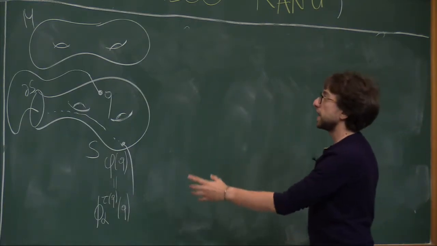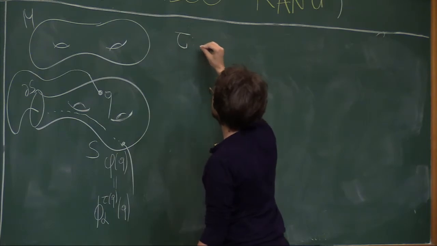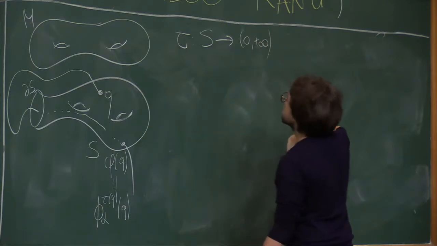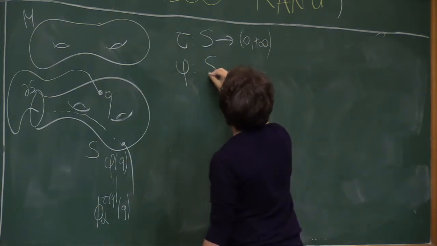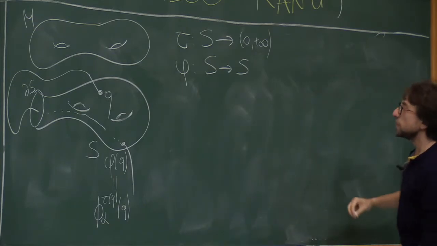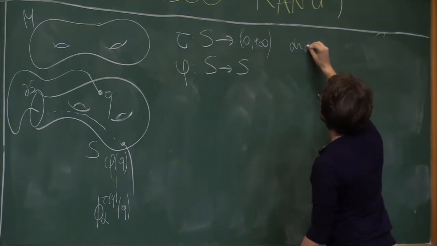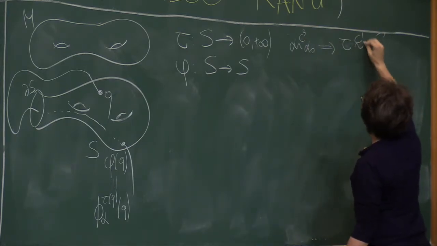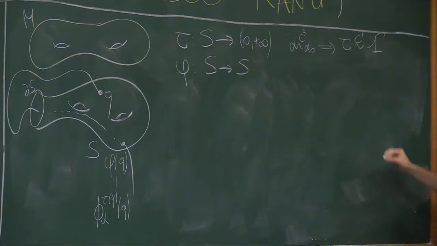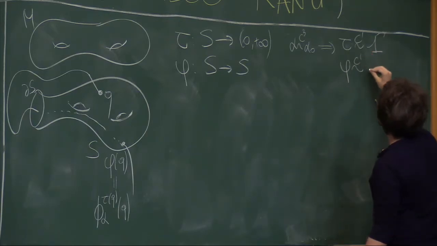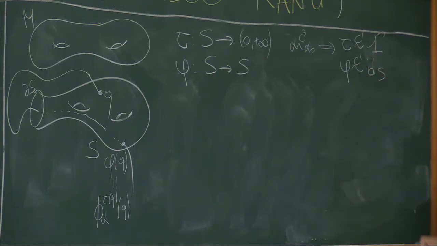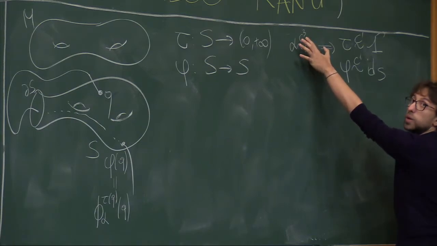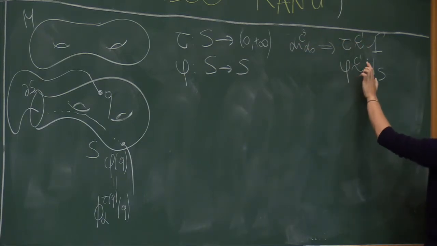Okay, so what I get here is a return time tau from S into (0, plus infinity), and a return map phi from S to S. And since we know that alpha is C3 close to alpha naught, I get that tau is C1 close to the function 1, and phi is C1 close to the identity of S. Also here is where we use crucially that we have the C3 topology, because here we want to get exactly the C1 topology.